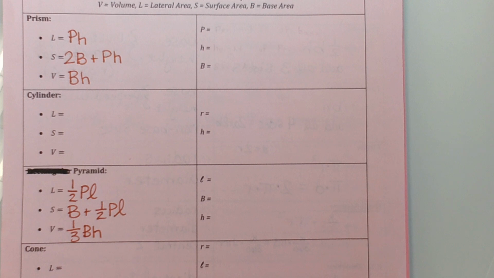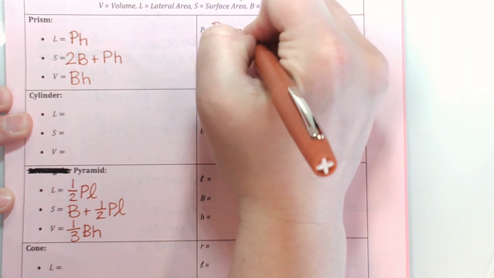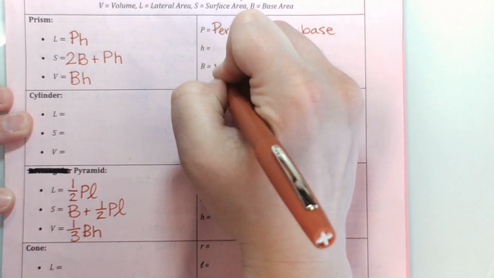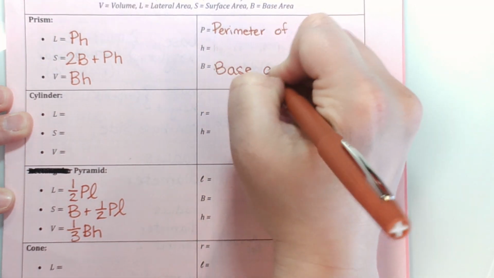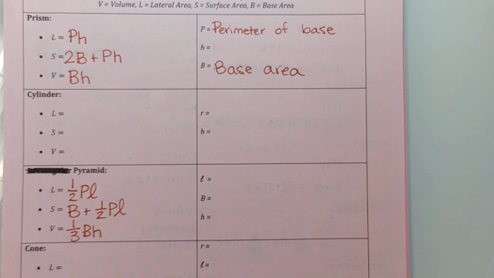They tend to be the most challenging because of the fact that there is that capital P, that capital B, the perimeter and the base area that you need to be finding. Those are what make things the most challenging in these problems.